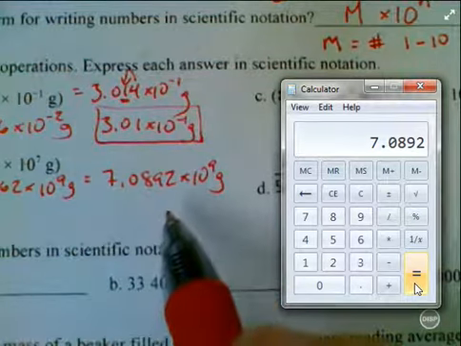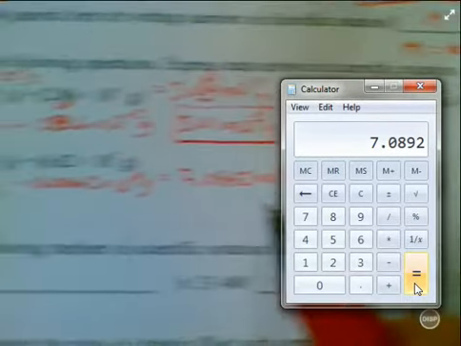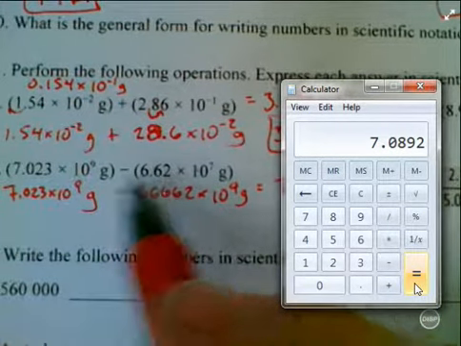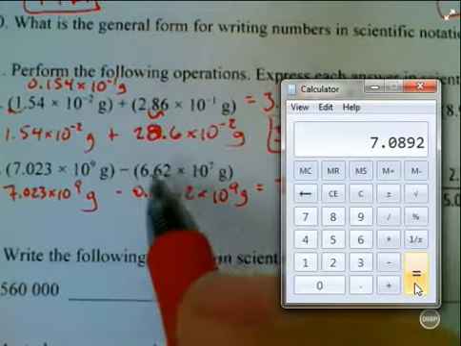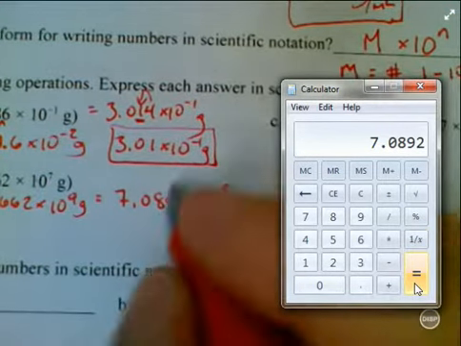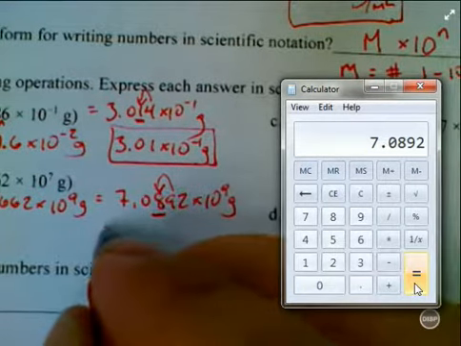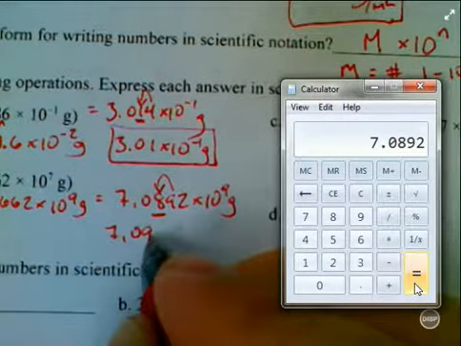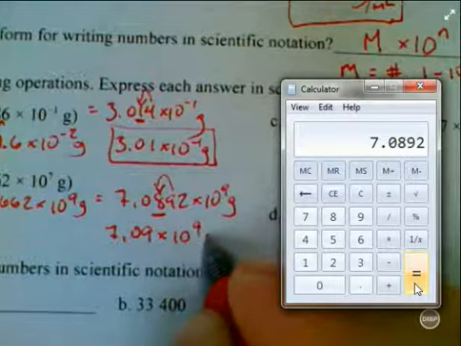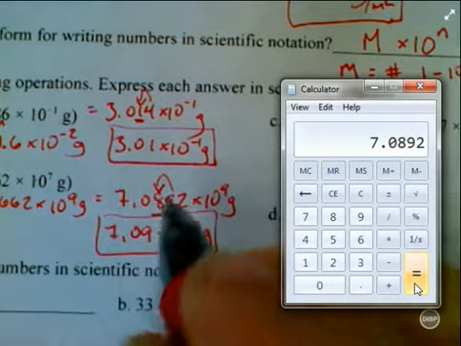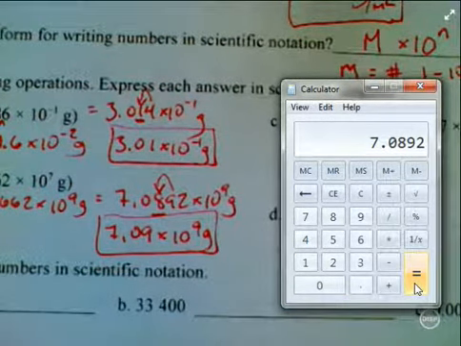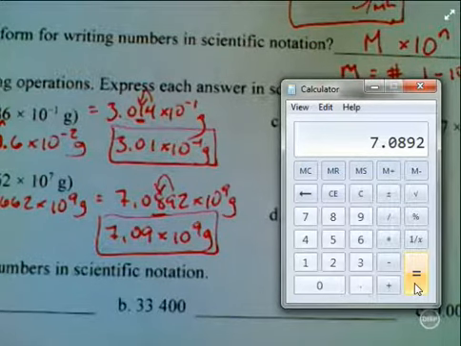But again, is this the correct number of significant figures? Two past the decimal, 3 past the decimal. This is a smaller number, so this needs to be 2 past the decimal. This is 2 past the decimal, but this 9 tells me to round that up. So the answer that I will report is 7.09 times 10 to the 9th.